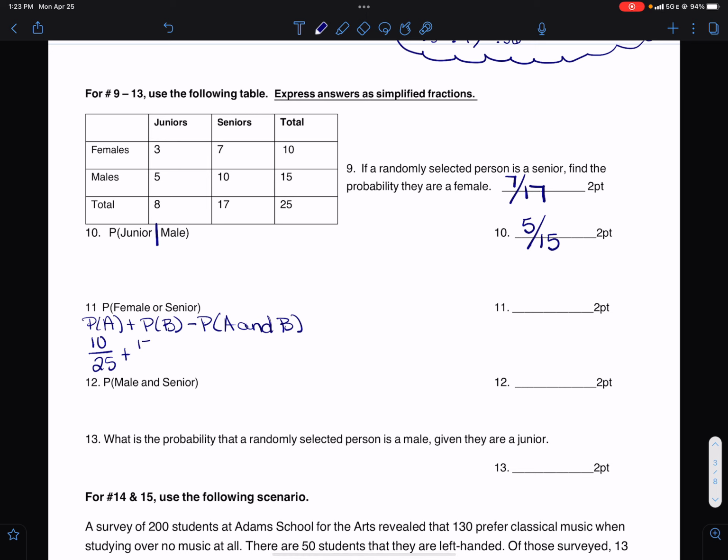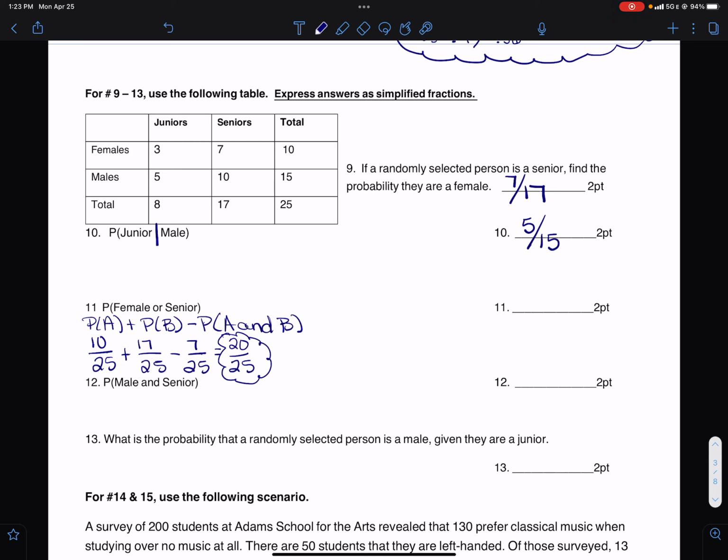Seniors, there are 17 out of 25. And females who are seniors would be 7 out of 25. That gives me 20 out of 25. Okay, remember again to simplify that fraction.